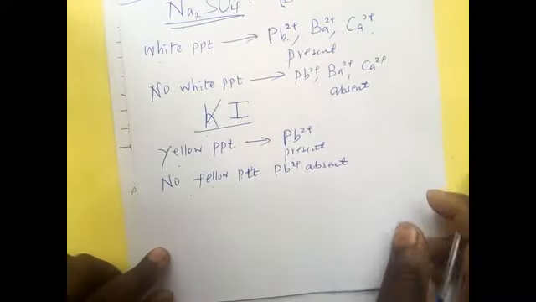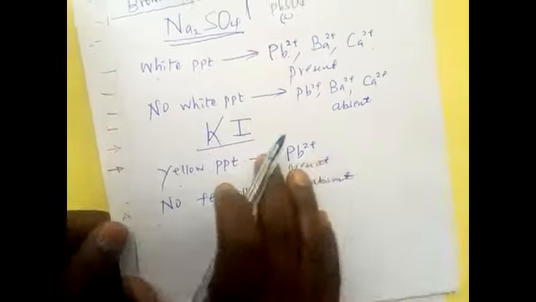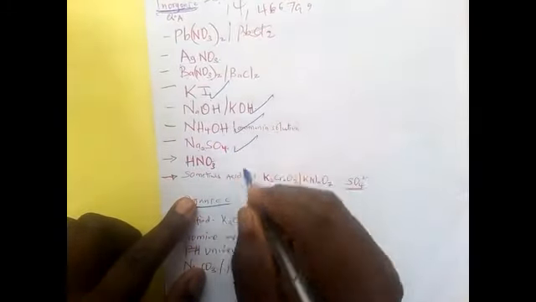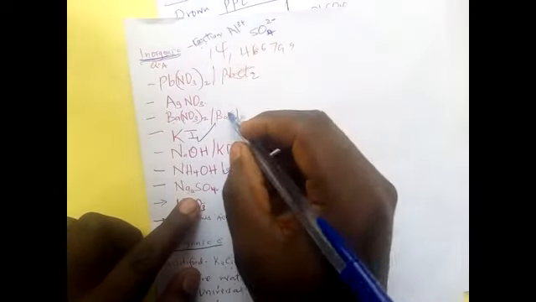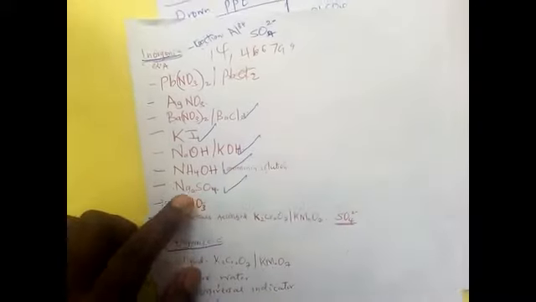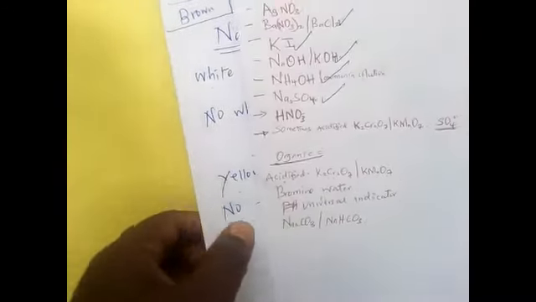The next reagent we want to use, we had several. We have talked about this, and this one, and this. So we are coming here, barium nitrate.